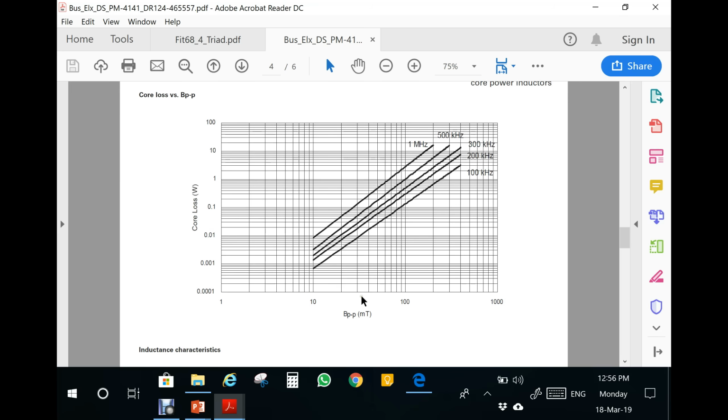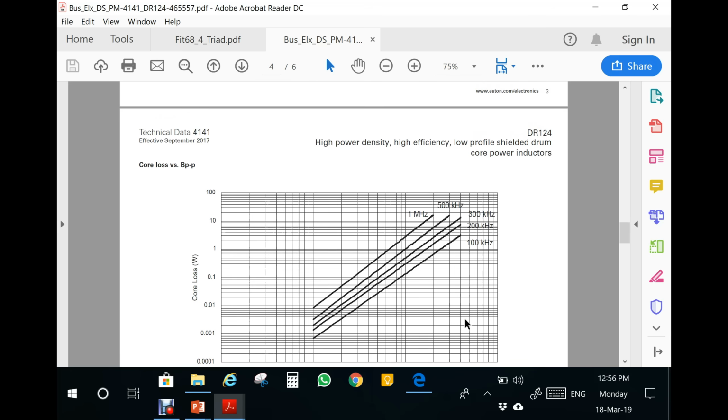Once we have the B peak to peak, you can find out what the core loss is for the specific application that you have.